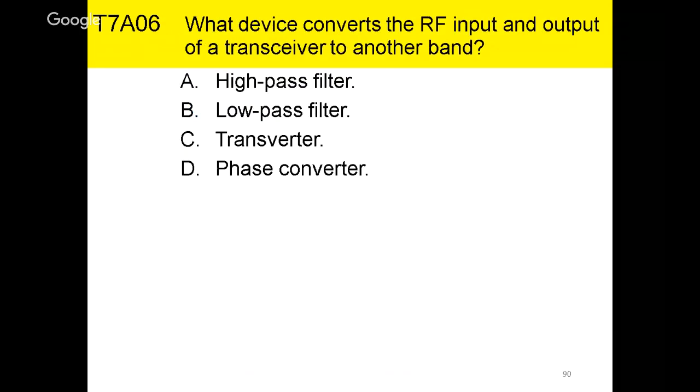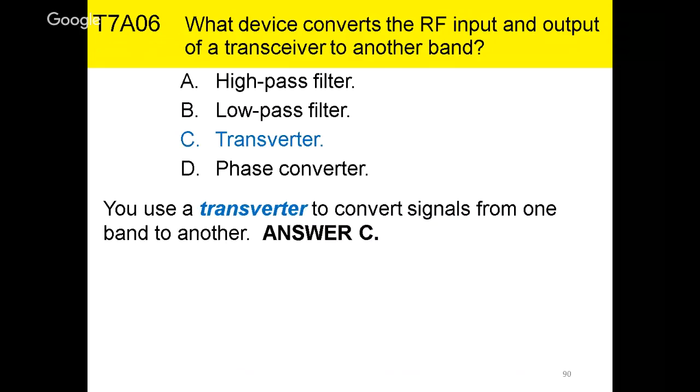So, what device converts RF input and output of a transceiver to another band? Not really unlike the mixer. You're wanting to transmit on another band. Typically, some of your HF radio equipment, they would market also what was called a transverter for 2 meters and 6 meters.